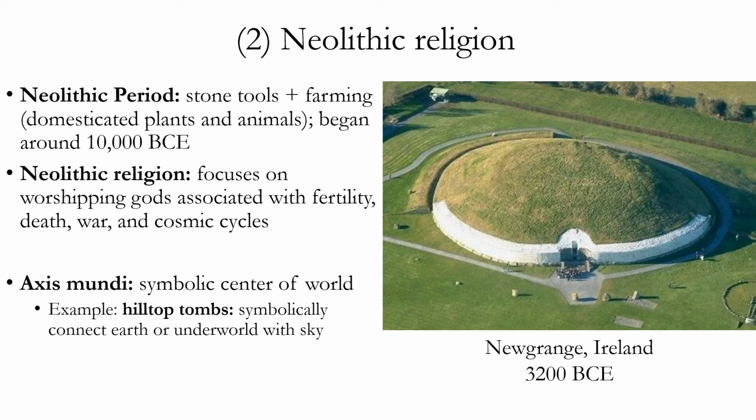So agriculture did not reach Ireland and the other British Isles until relatively late. But the Neolithic cultures there built some pretty spectacular monuments, including this one in Newgrange, Ireland. So this is a mound. It may have been a burial mound of a leader. And this is often used as an example of an ancient axis mundi or symbolic center of the world.